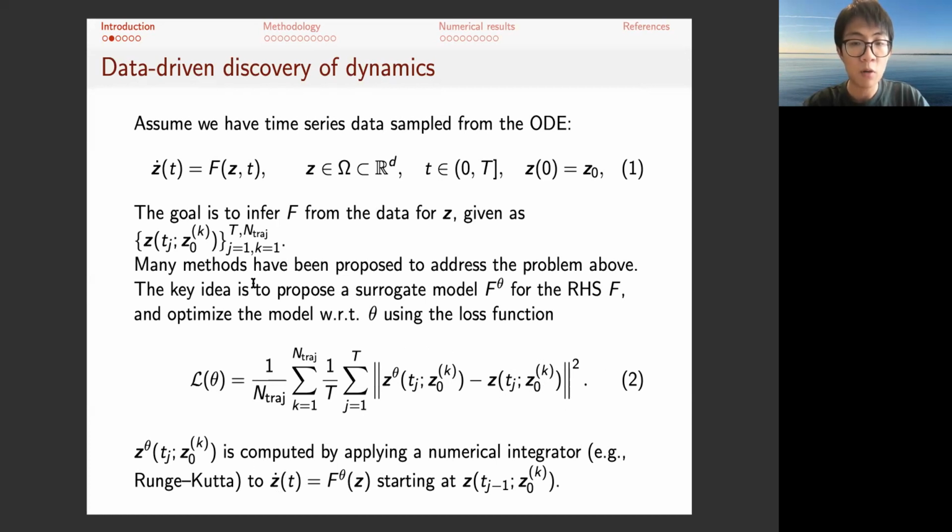By propagating this loss function with respect to the parameter, we can get an approximation for the ground truth f. With that, we can further extrapolate in time, or generalize the equation to other initial conditions.